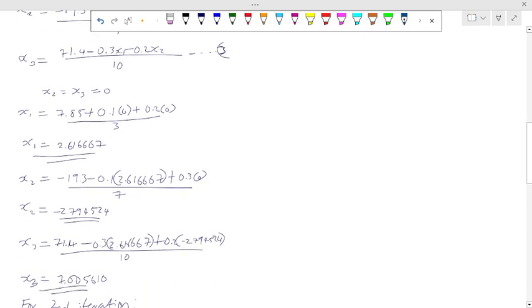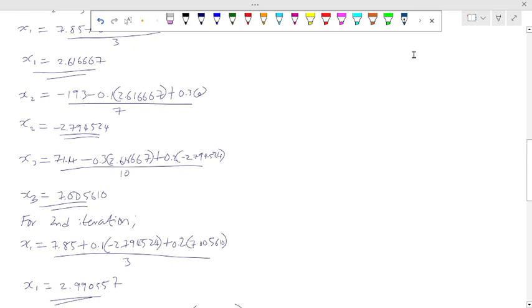So now we have values for x1 and x2. For x3, where there is x1, you put the x1 value we've calculated, and where there is x2, we put the x2 value.